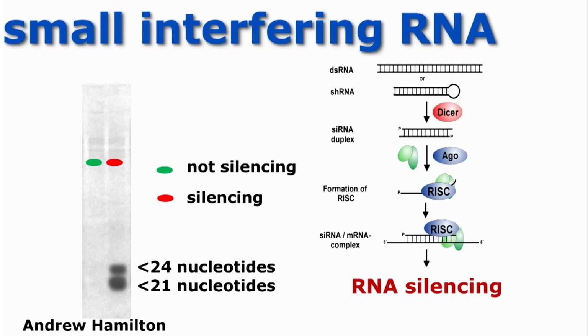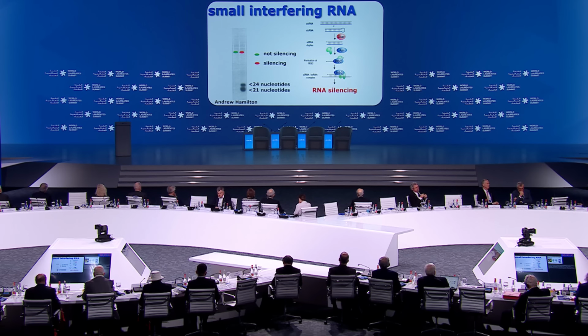It took us into the understanding of a pathway that is important not only in plants, but also in other organisms as well. So why is this important? Well, firstly, it turns out that the system that we had activated in the plants using this transgene is a natural immune system that operates in plants that protects plants against viruses.